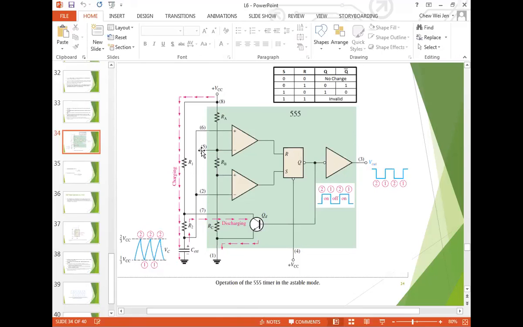Why not 1/3 VCC? I changed this to V control because I'm affecting my upper comparator. But what happened to my lower comparator? Why was the bottom part not 1/3 VCC? Why did it end up being half V control, not even V control?